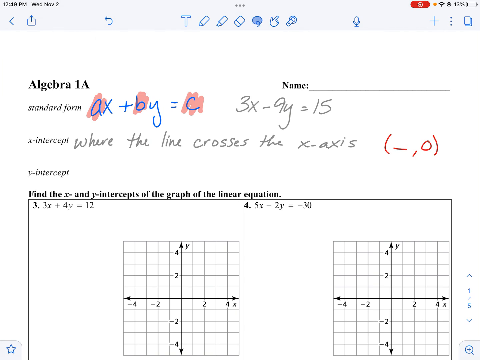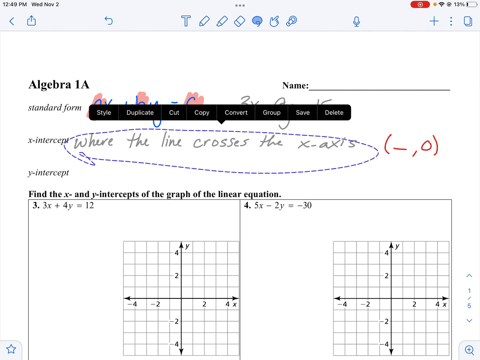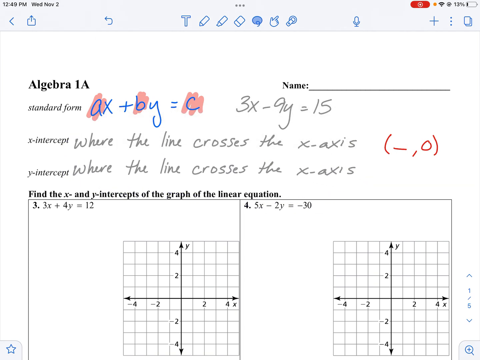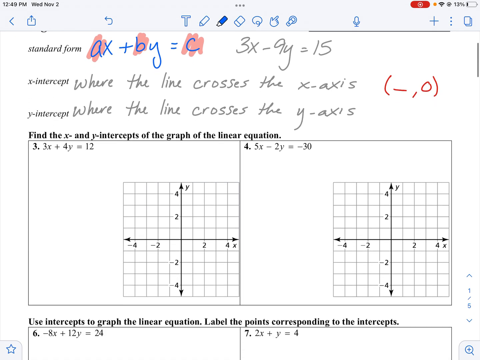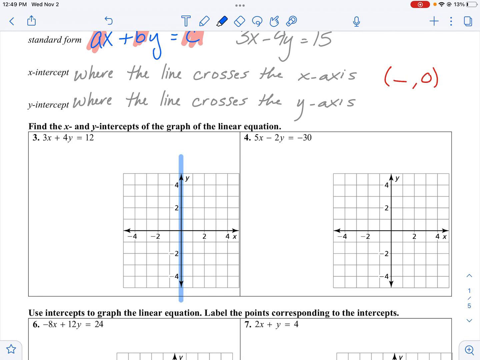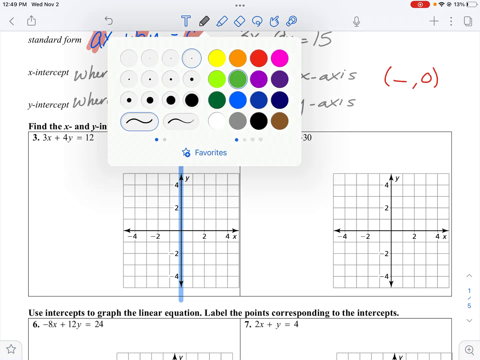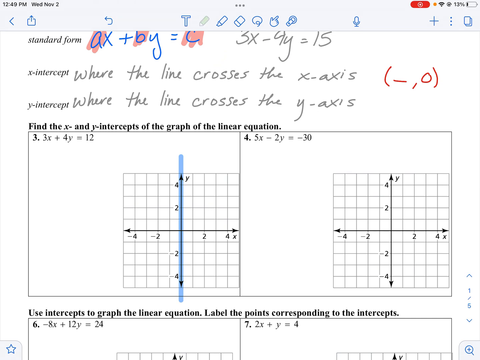And my y-intercept is where the line crosses the y-axis. Now if I'm crossing the y-axis, I could be anywhere up or down. You could be anywhere on the y-axis, but you didn't go any left or right.